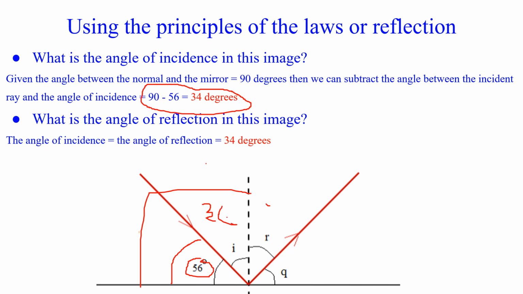Now, given the law of reflection says that the angle of incidence equals the angle of reflection, this one must be 34 as well. And so therefore we can conclude that Q is also 56 degrees because this is also a right angle here. Sorry for the mess there.